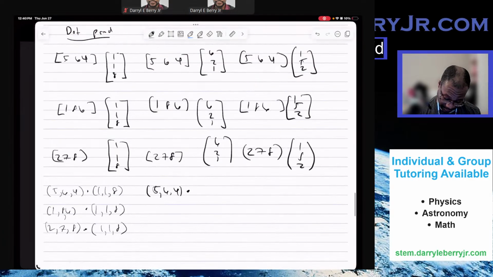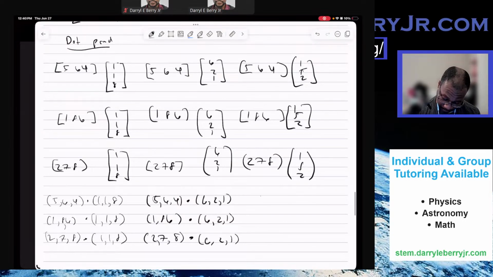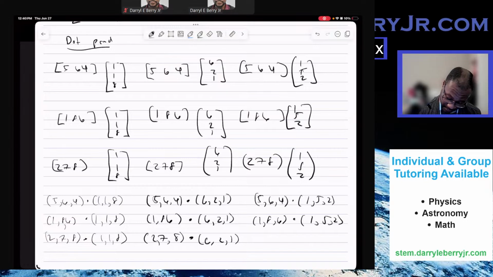5, 6, 4 dot product 6, 2, 1, 1, 8, 6 dot product 6, 2, 1, and 2, 7, 8 dot product 6, 2, 1. And then we have 5, 6, 4 dot product 1, 5, 2, and 1, 8, 6 dot product 1, 5, 2, and finally 2, 7, 8 dot product 1, 5, 2.